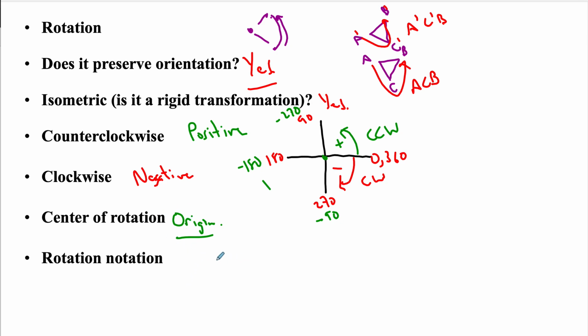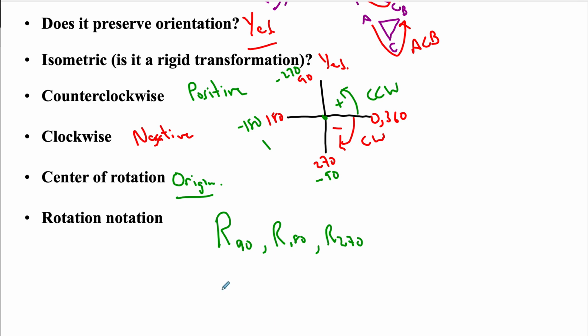Rotation notation. Little r is reserved for reflection, so it's capital R. And we're going to be focusing on R90, R180, and R270, all of which are counterclockwise rotations, and then the corresponding clockwise rotations would be R negative 270, R negative 180, and then R negative 90.